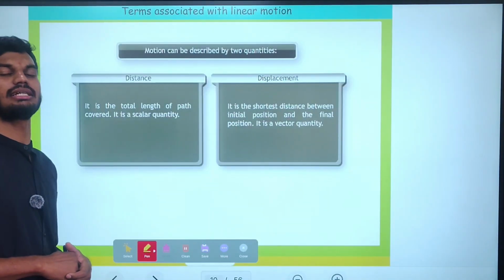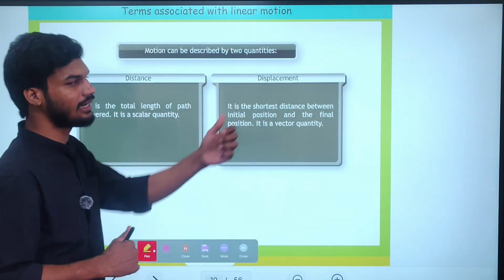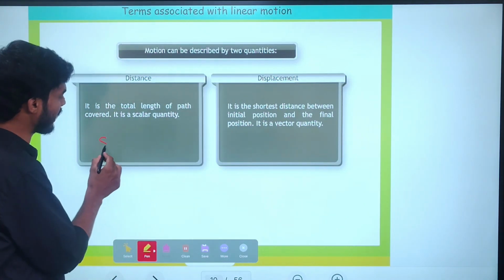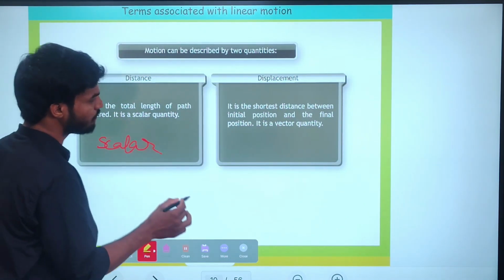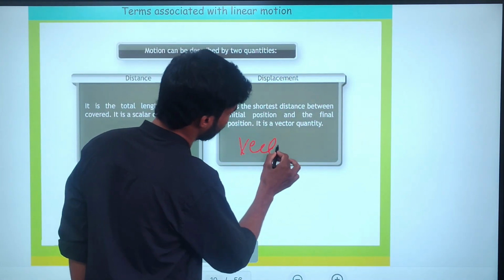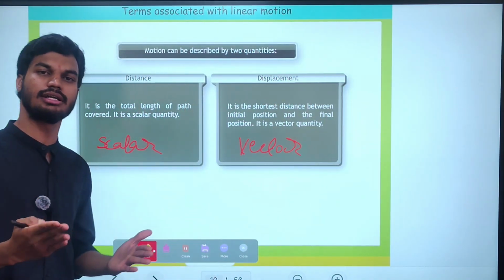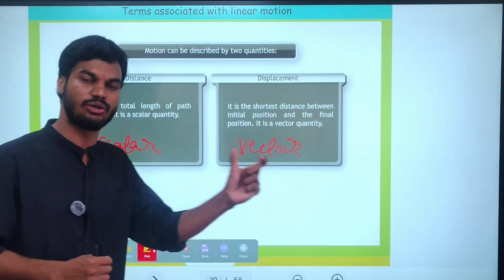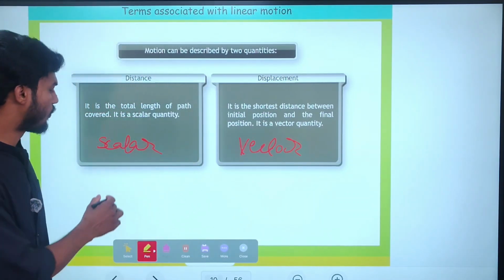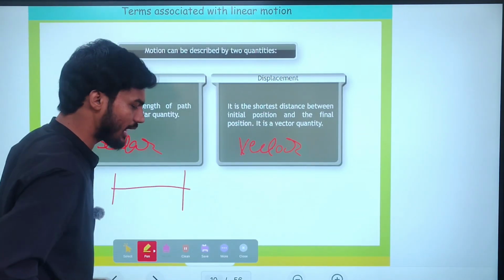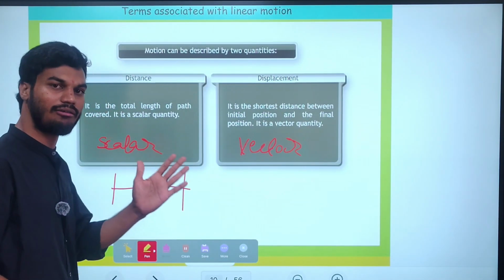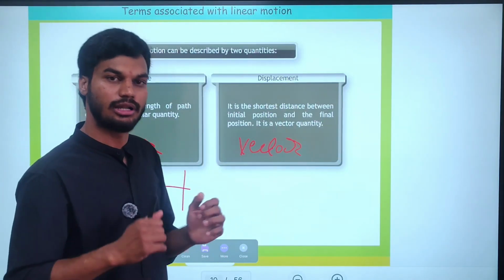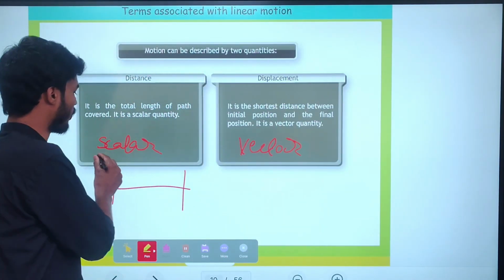So next, coming to distance and displacement. Distance is a scalar quantity and displacement is a vector quantity. So first you have to know what is scalar quantity and what is vector quantity. Scalar means having only magnitude. For example, the object travels 100 meters, 200 meters, or 60 kilometers per hour, simply a numerical value.